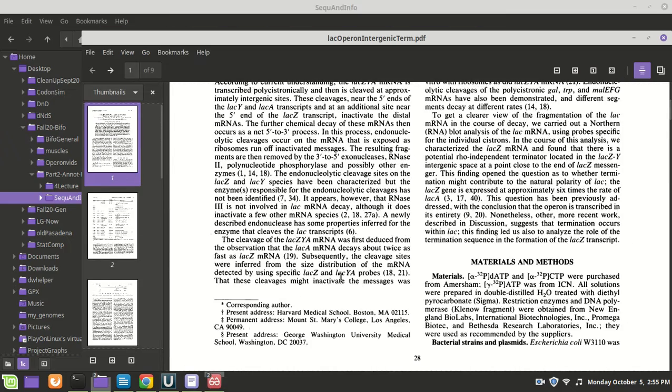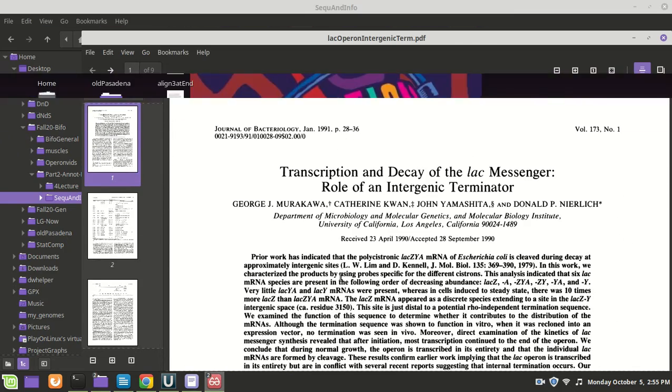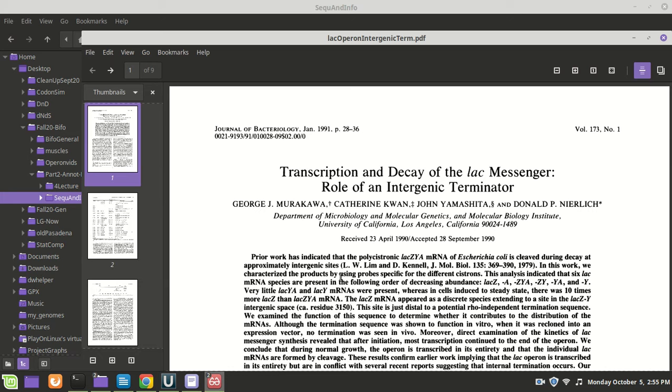So I'm going to upload the papers, and I'm also going to attach them to work with for the second assignment for this part 2. We're not doing a project yet, but we're still working on the lac operon.